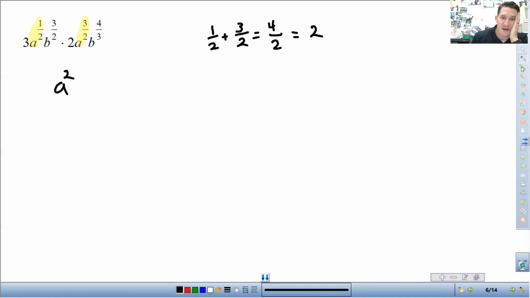And then the b's have their own fractions. So 3/2 and 4/3. So I need to add those. So 3/2 plus 4/3. Got to multiply top and bottom of this one by 3, multiply top and bottom of this one by 2 to get the common denominator. Sorry, I skipped a step. Common denominator is 6 between 2 and 3.